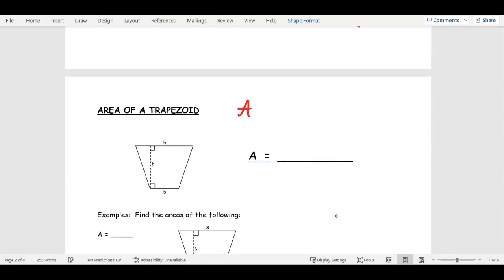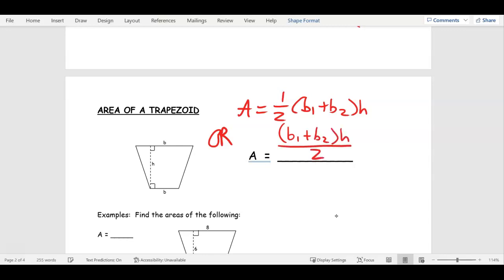So here's one way to write it. 1/2 B1 plus B2 times H. Or you can write it as B1 plus B2 times H divided by 2. You can either put the fraction out front or make it a big fraction divided by 2.